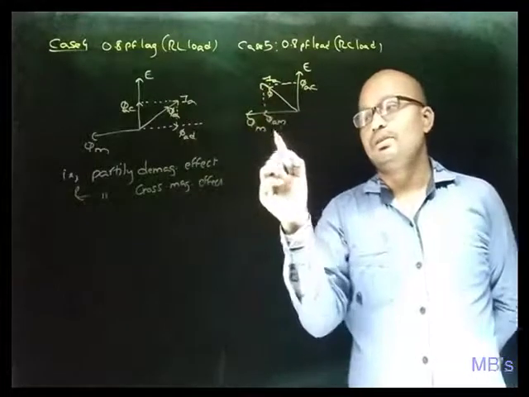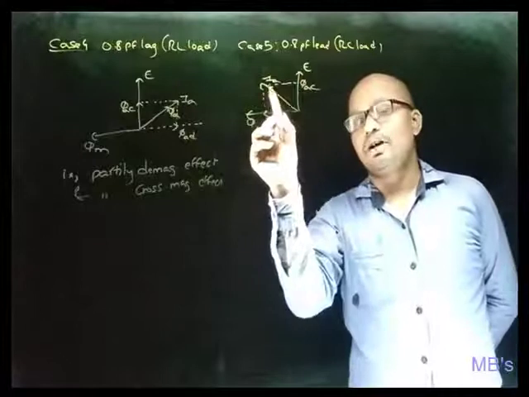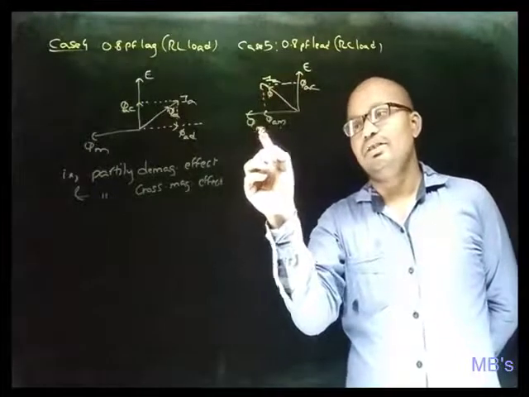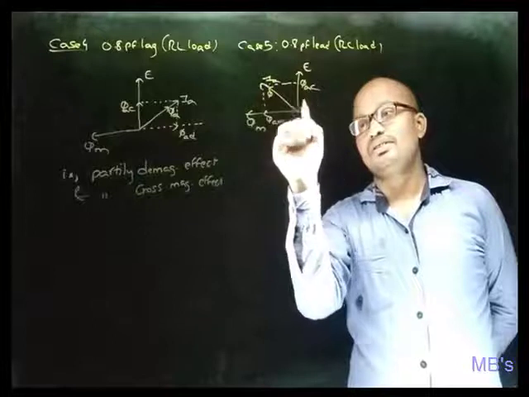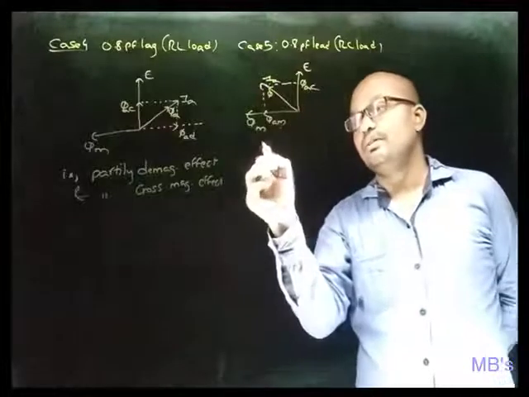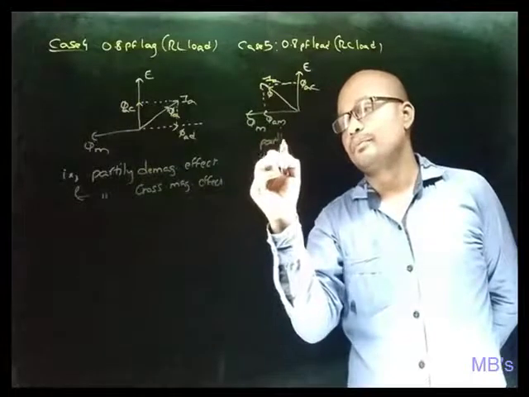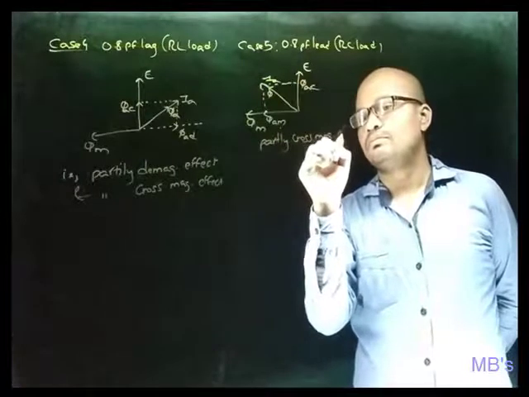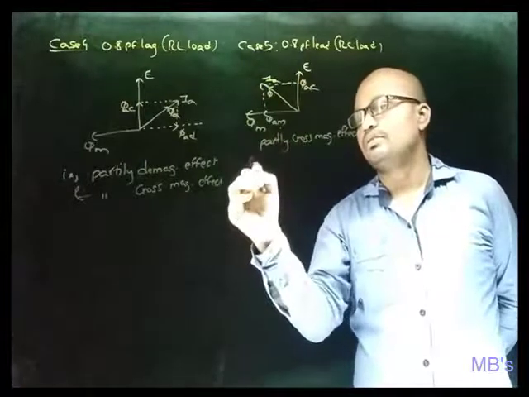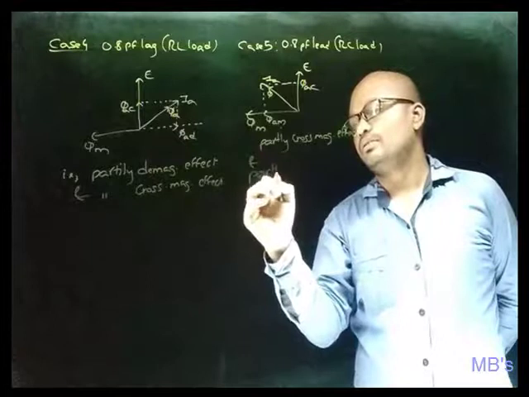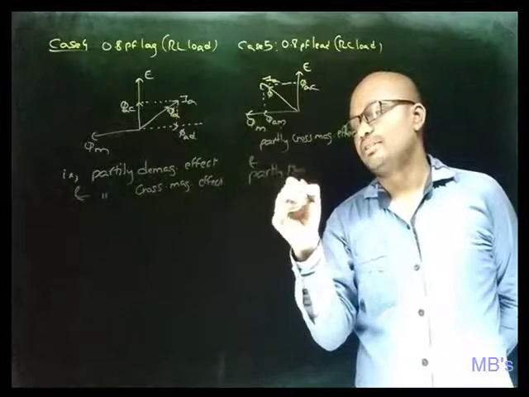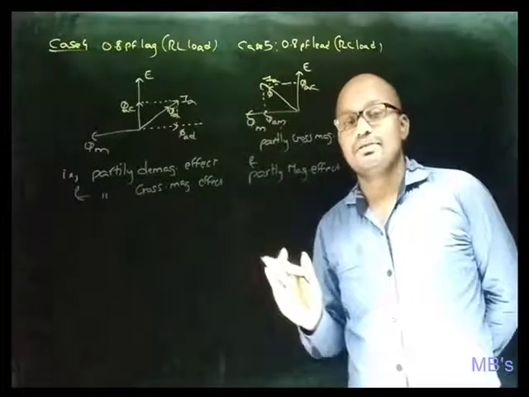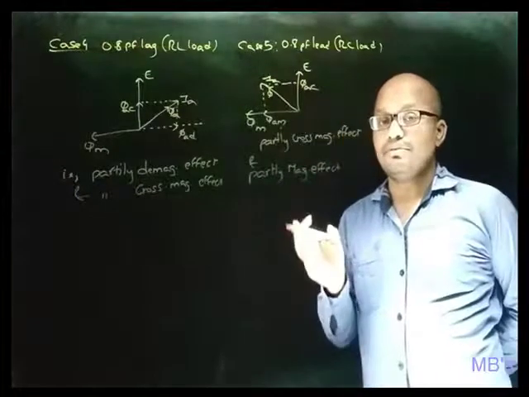If you observe, this component of armature flux is aiding the main field, and this component of armature flux is cross magnetizing, which means partly cross magnetizing effect and partly magnetizing effect. So these are the effects of armature flux on main flux.